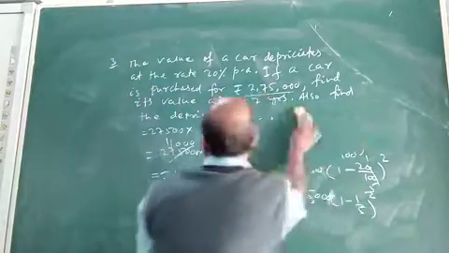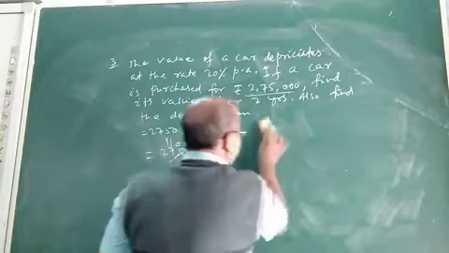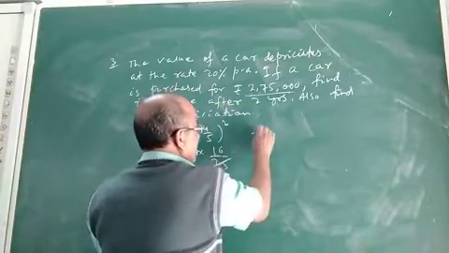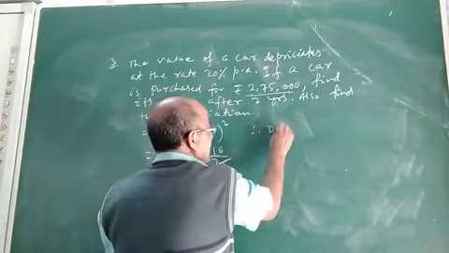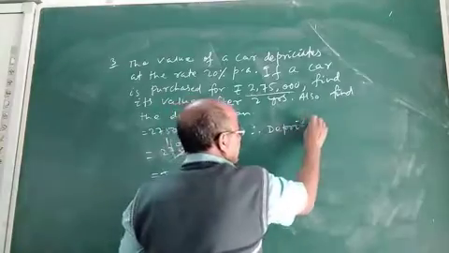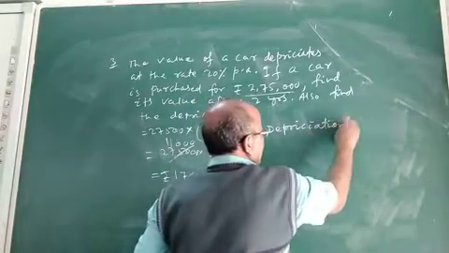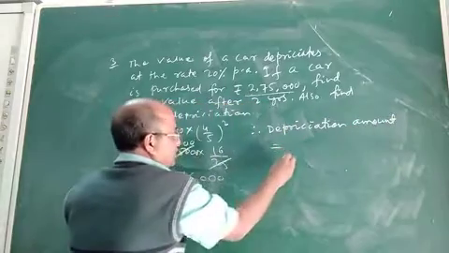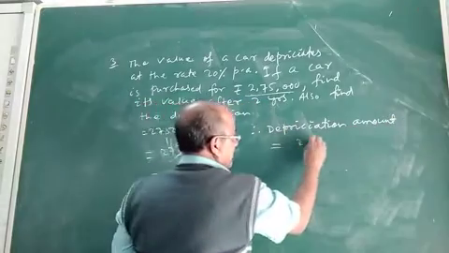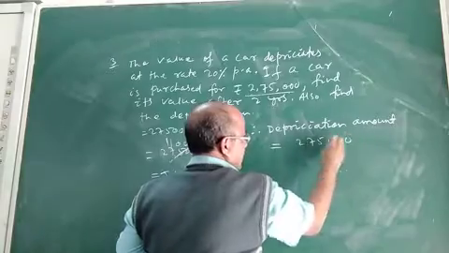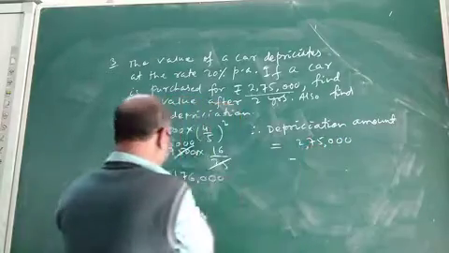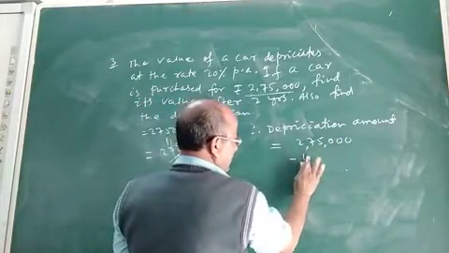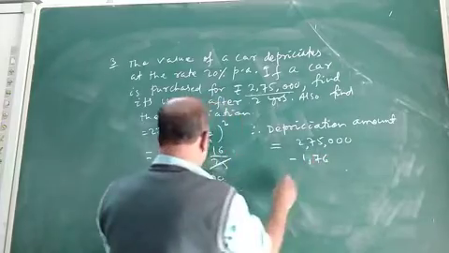Therefore, the value of depreciation, or the depreciated amount, you can say, will be equal to 2,75,000 minus 1,76,000.